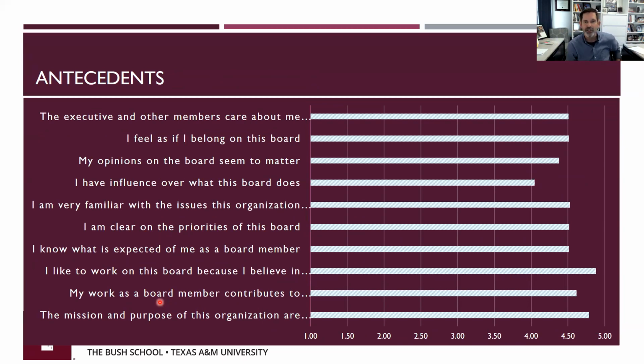And these are the precursor incidences: the extent to which I have a sense of safety, I feel like I belong here, I have an influence on being able to contribute and make a difference in what's going on, I have clarity around what my role is, and I'm attached or aligned with the mission and purposes of this organization. So we've got those four different concepts, which contribute to engagement.